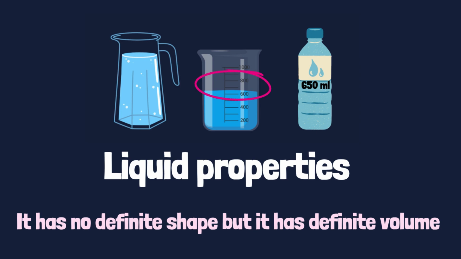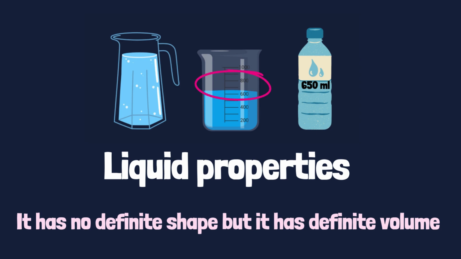The shape is not the same in the containers, but it takes the shape of the container. So it has no definite shape, but it has definite volume, as in the three containers it takes a space of 650 milliliter for this example. So it has definite volume, but no definite shape.